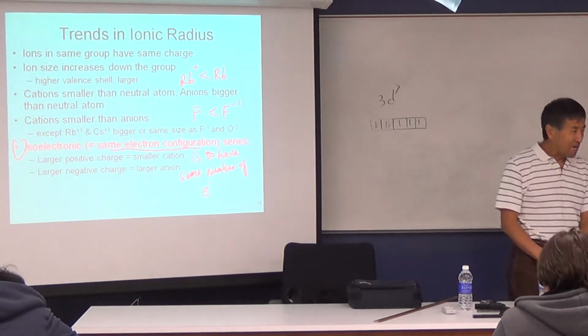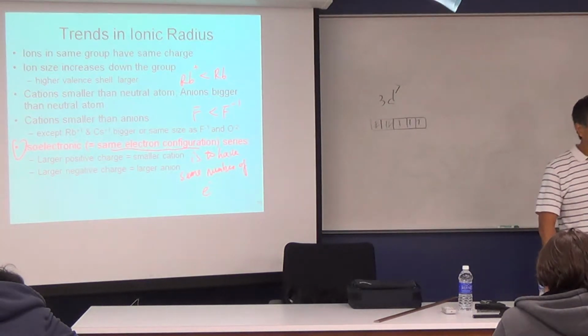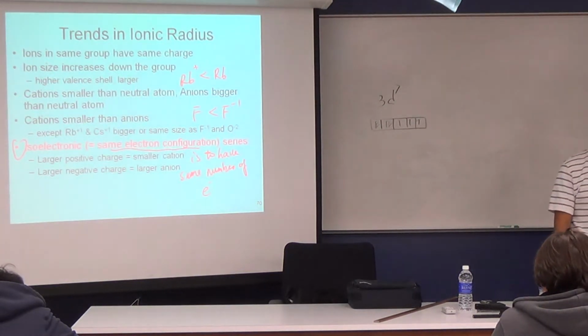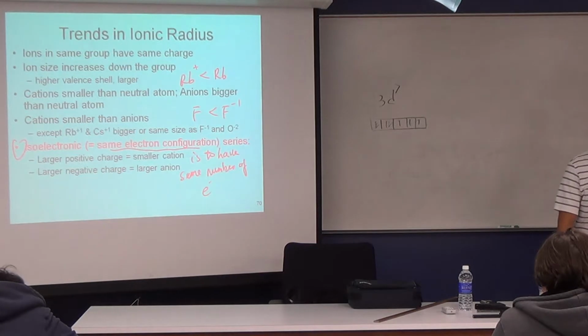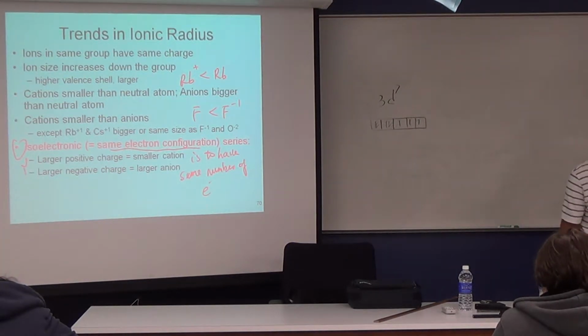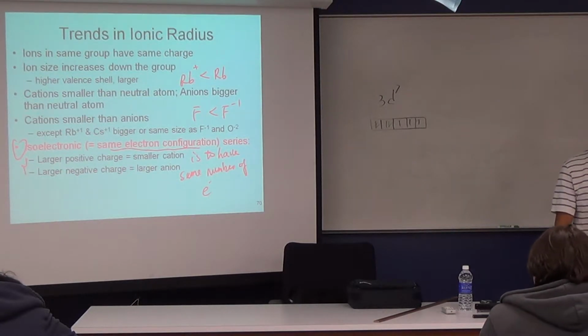If they have the same number of electrons, then you can use this last pattern. There are two patterns you can use: the larger the positive charge, the smaller the ion, and the larger the negative charge, the bigger the ion.